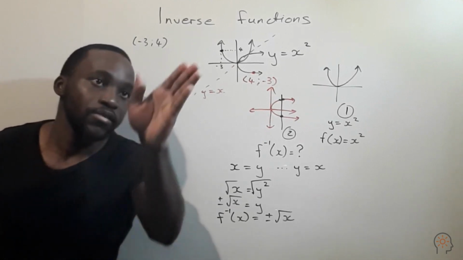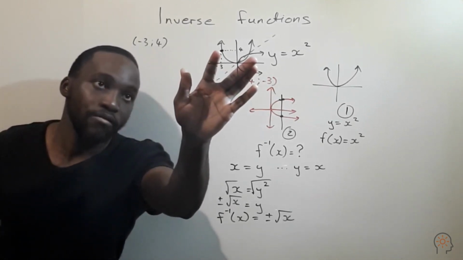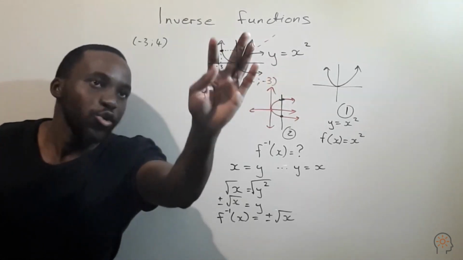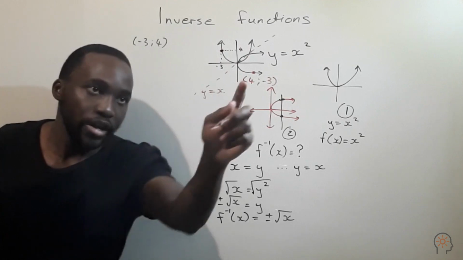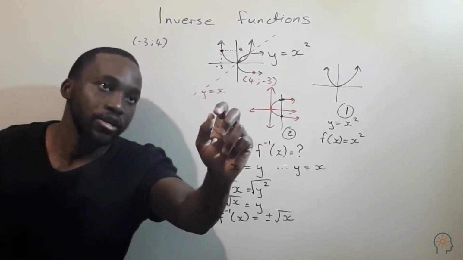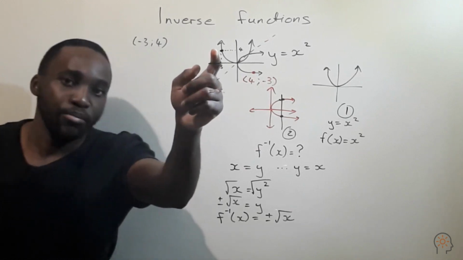Every single x value and every single y value in your original picture, if you get the inverse of that graph, your coordinates basically just swap around. Like this point here is going to be (4, -3) because it's a reflection of that point there.